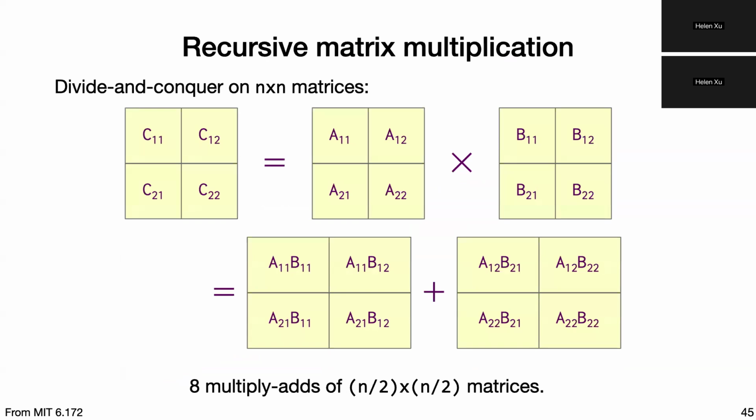So we're going to go back to divide and conquer, which can resolve some of these problems. This is the same divide and conquer algorithm that we had before. We divide each of C, A, and B into quadrants: 1,1, 1,2, 2,1, 2,2.